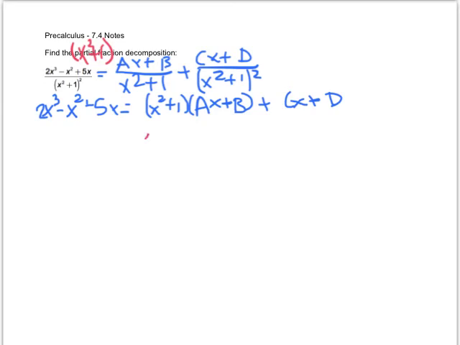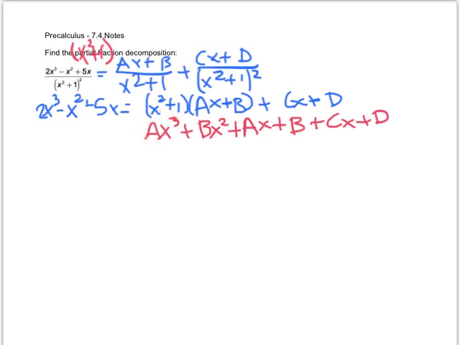And so I'm going to have ax cubed plus bx squared plus ax plus b plus cx plus d. And so all I did was FOIL out that first guy. And now, I only have one cubed term right here.